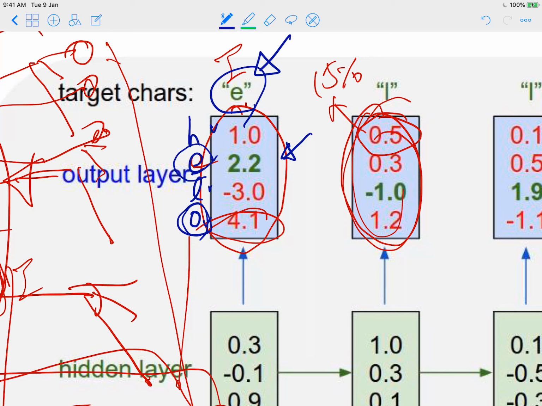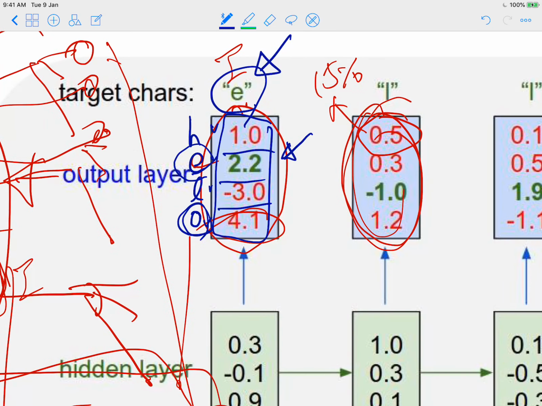So what will be our gradient with respect to these 4 logit vectors? If you studied the derivation of the gradient of the softmax layer, the gradient arriving at this logit vector will be this: 1 and 1.2 and -3 and 4.1 will be our gradient vector, right?